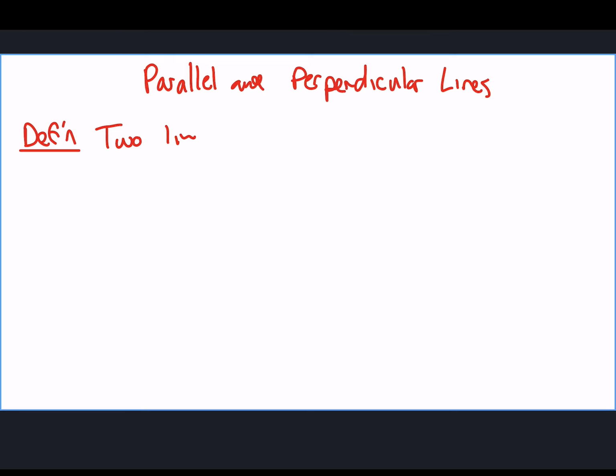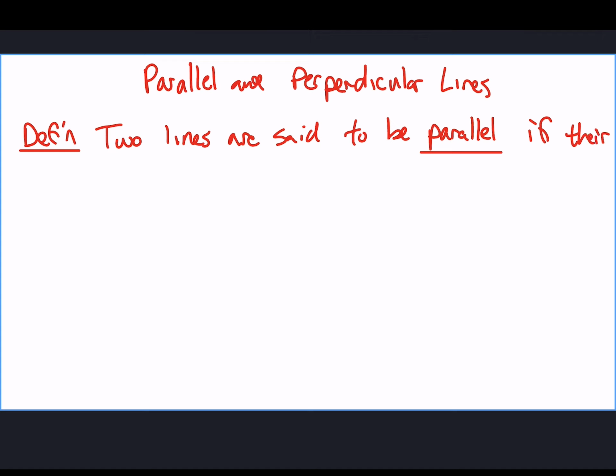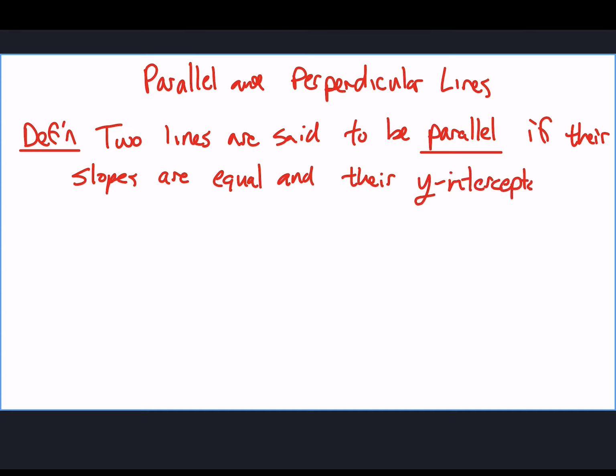So two lines are said to be parallel if their slopes are equal, so they have the same slopes, and their y-intercepts are different.